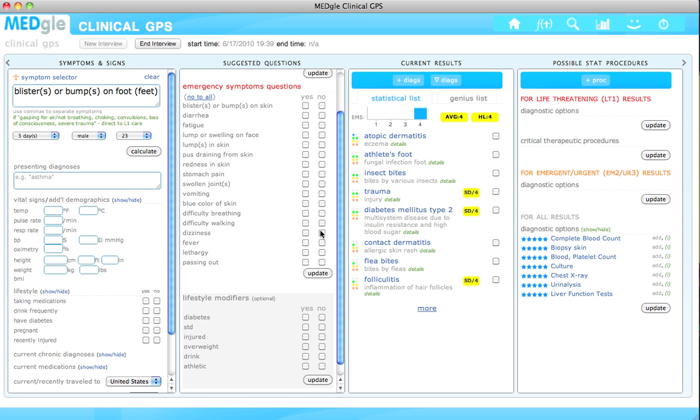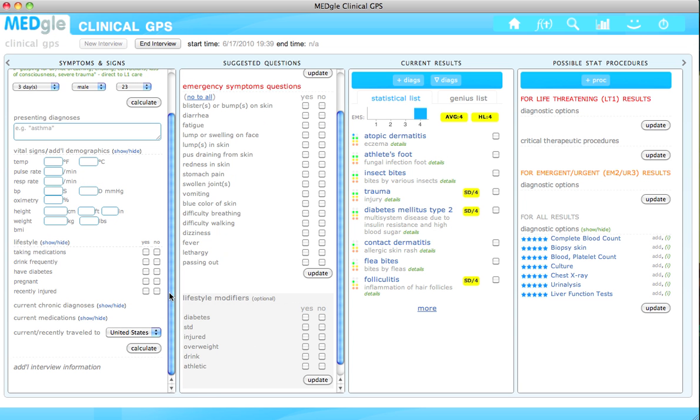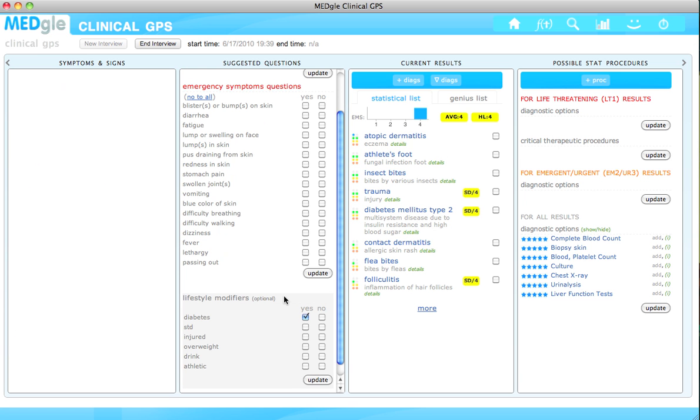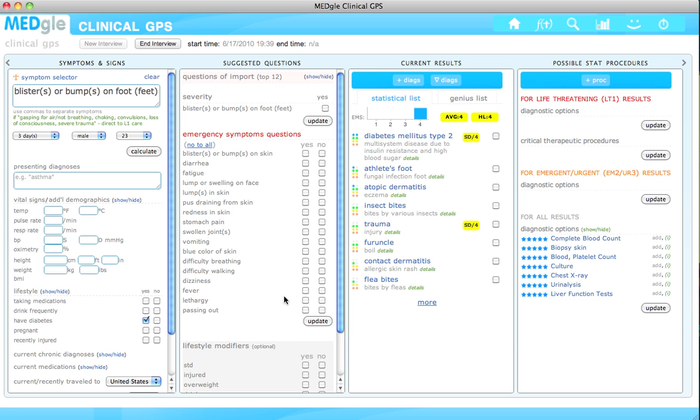Now, on top of all this, let's say we have some additional information about this particular patient. Let's say we happen to know that the person is a diabetic. Please note here that this already comes up in the lifestyle modifiers as an important question to ask. So let's say yes, that person is a diabetic, and we happen to know that because it's already inside the practice management or pharmacy management application.